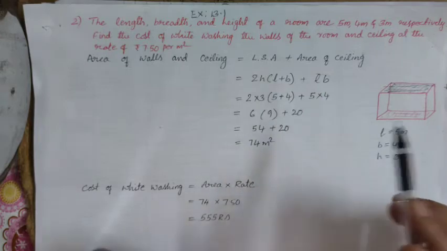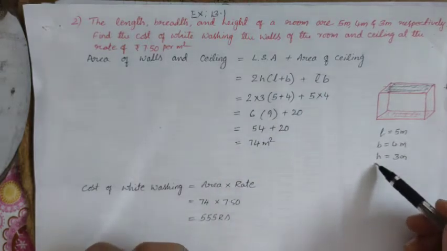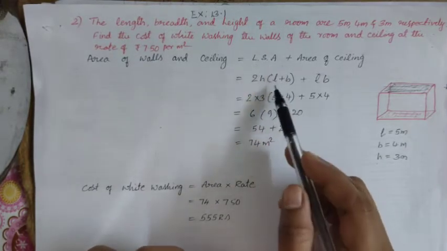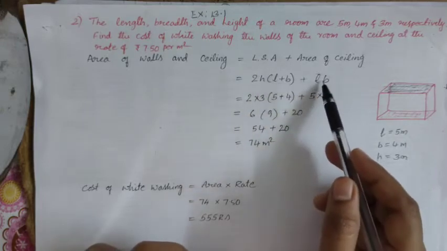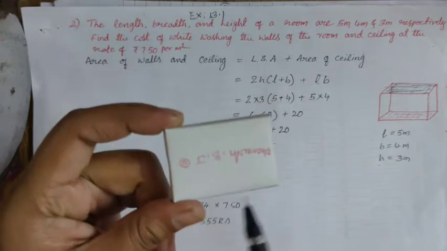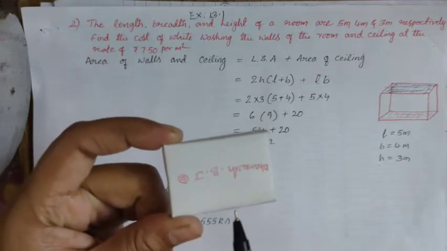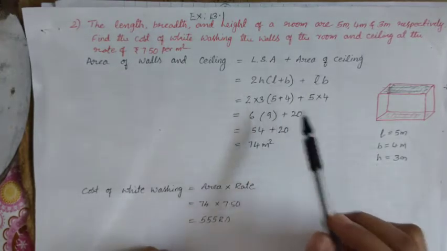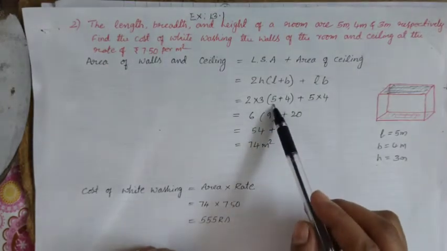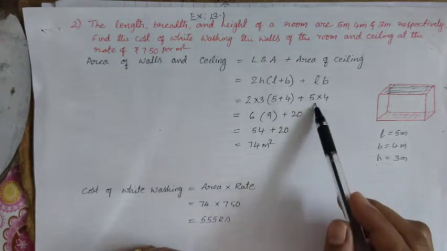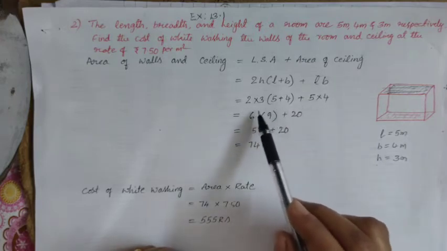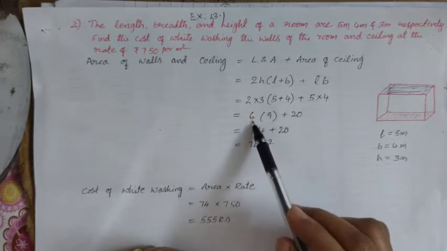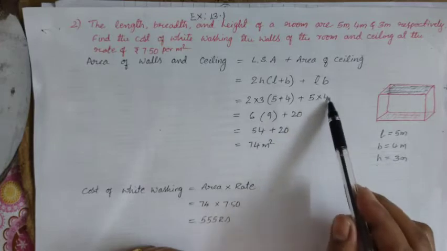Take L, B and H as given. The lateral surface area is 2H into L plus B, and the area of the ceiling, the top face in rectangle shape, is L into B. Now put the values: H is 3, L is 5 and B is 4. 5 plus 4 is 9, and 2 into 3 is 6. 6 nines are 54 and 5 fours are 20.